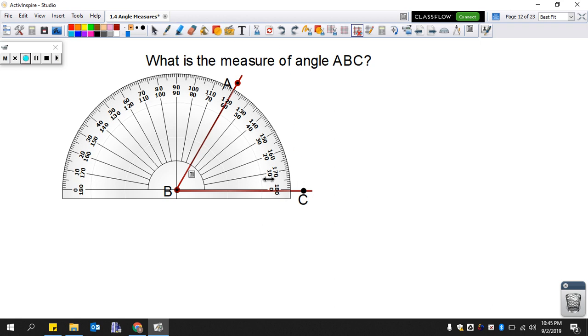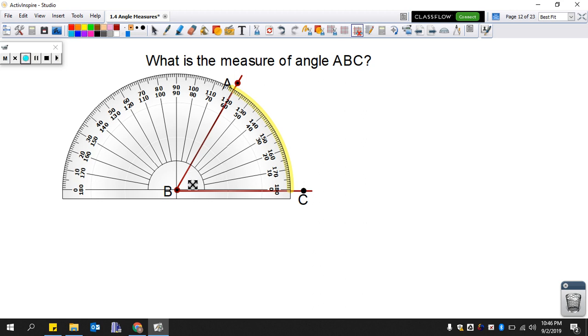We can see here that the inside numbers are what start at 0. So we're going to measure inside, all the way up to where the other side is, and we can see that it is at 60 degrees.